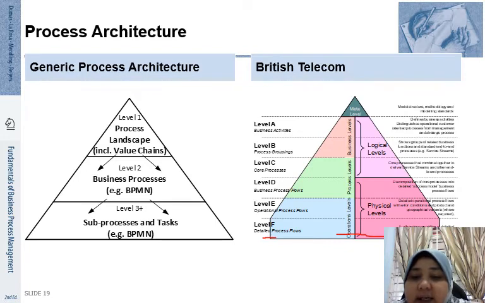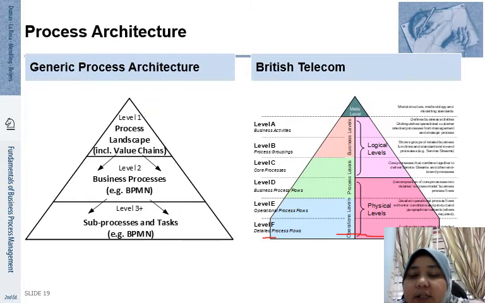Levels C and D, we have entered the process level. The process level is a bridge between the physical level and the logical level. Level D is the physical level, the business process flow, which involves decompositions of core processes into detailed process models. Level C, however, has entered the logical level.